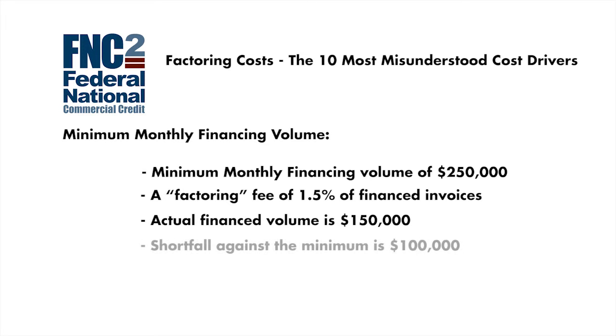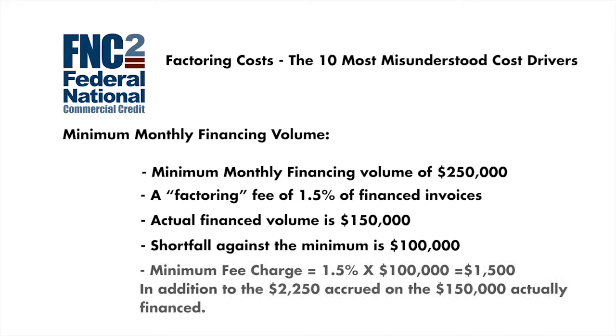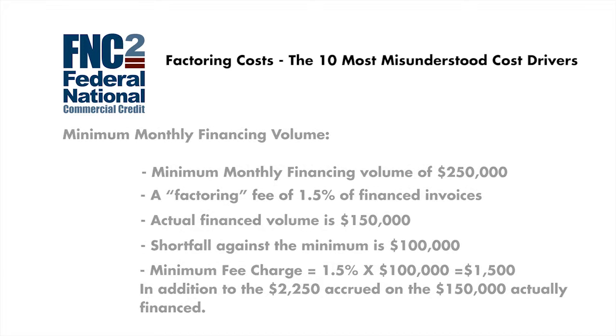The shortfall against the minimum is $100,000. So, in this case, the minimum might be the 1.5% factoring fee times the $100,000 shortfall for a total of $1,500 of minimum charge. Now, this is in addition to the 1.5% that you paid on the $150,000 you did finance, but it's not the whole minimum, it's just the shortfall.